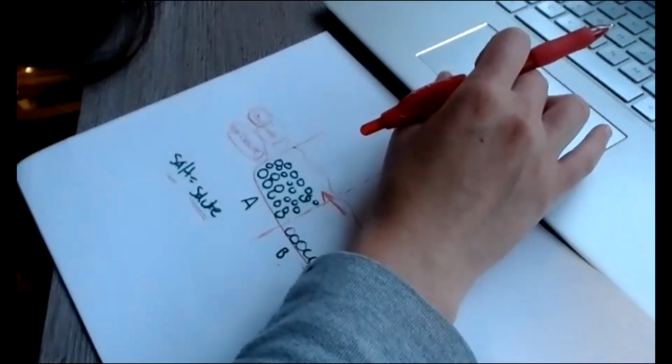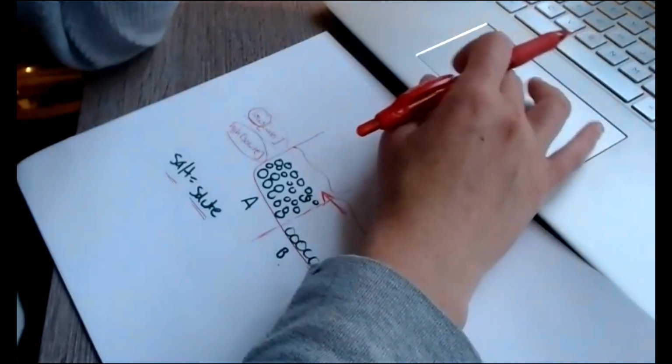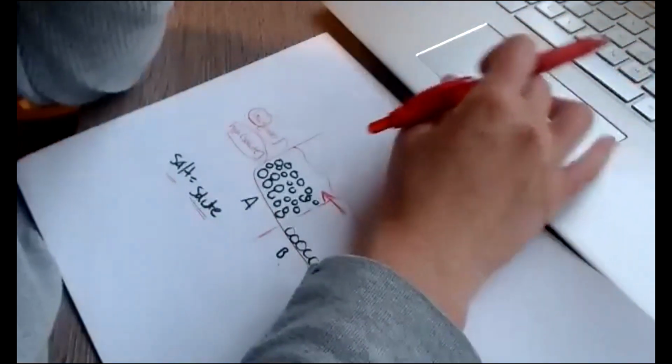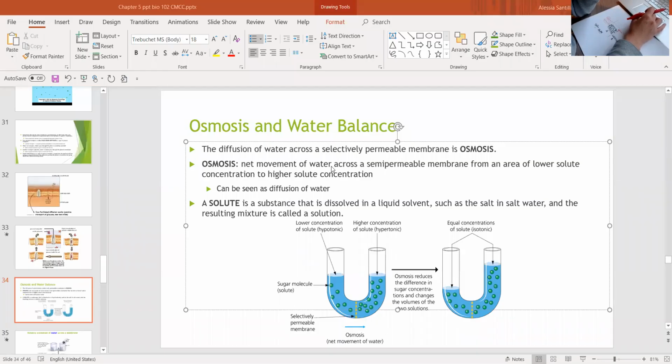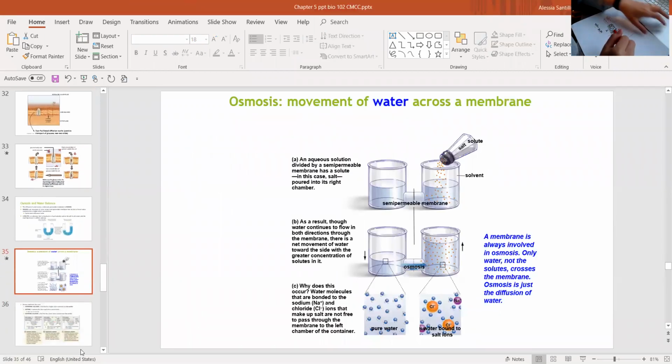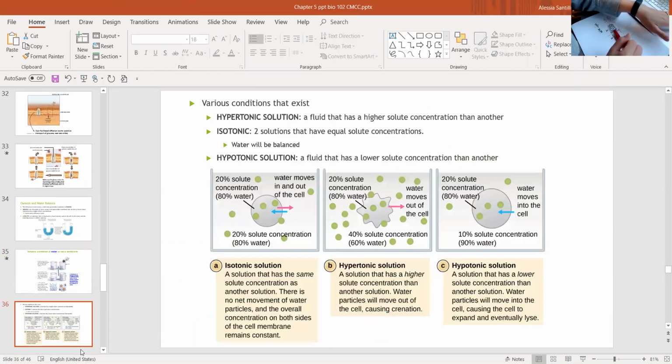Both of them are going in the same direction. Osmosis is the net movement of water across a semi-permeable membrane from an area of lower salt concentration to an area of higher salt or solute concentration. You can also see it as basically the diffusion of water. Remember, a solute is just a substance that is dissolved in a liquid.